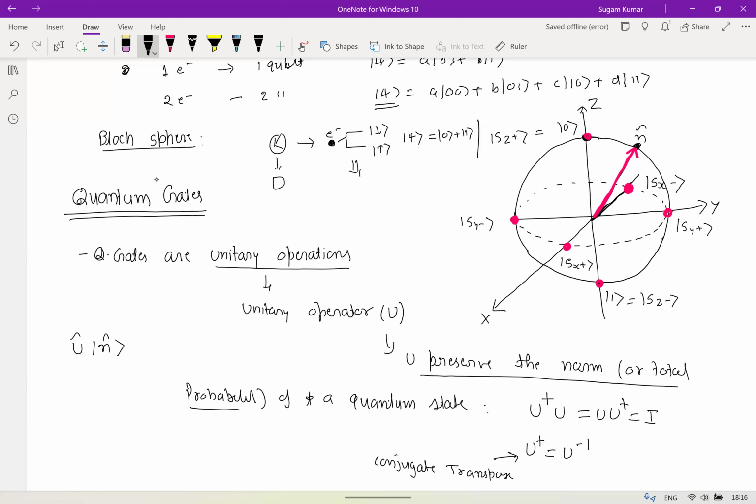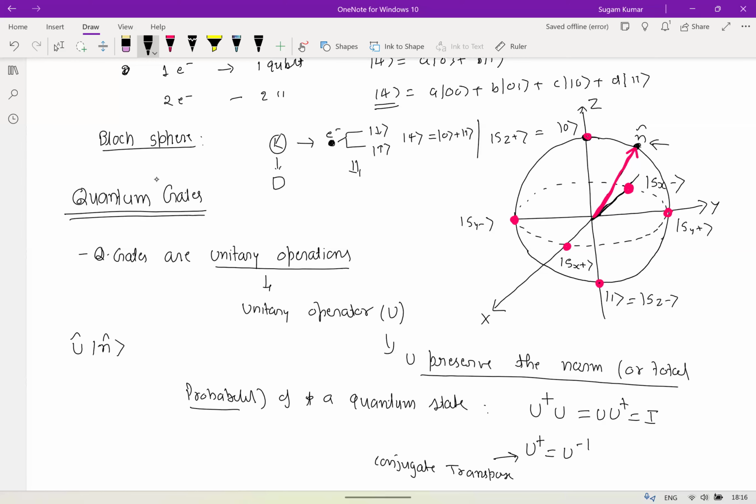You can think of a quantum state like a point on the surface of the Bloch sphere. Then the unitary operator is like a rotation of this vector on the surface of the sphere.